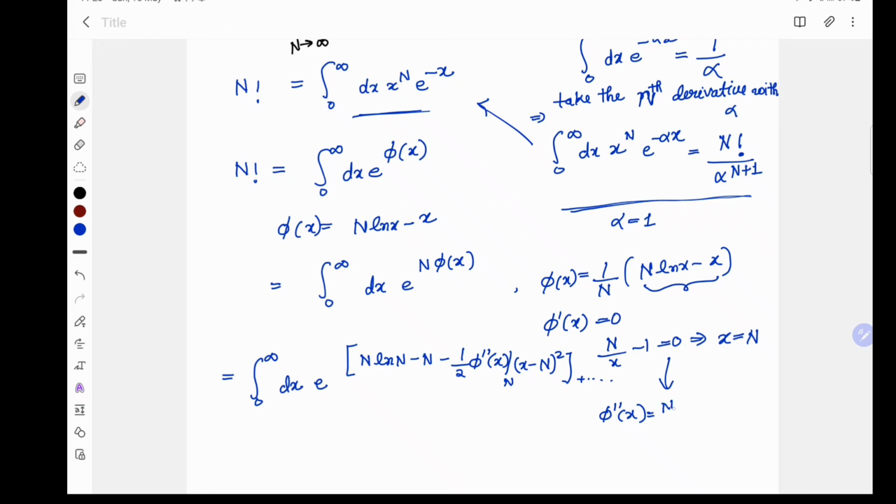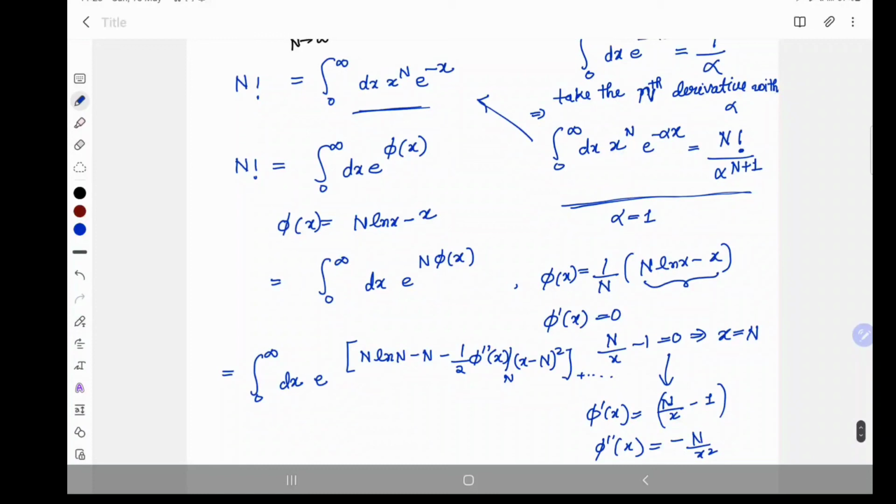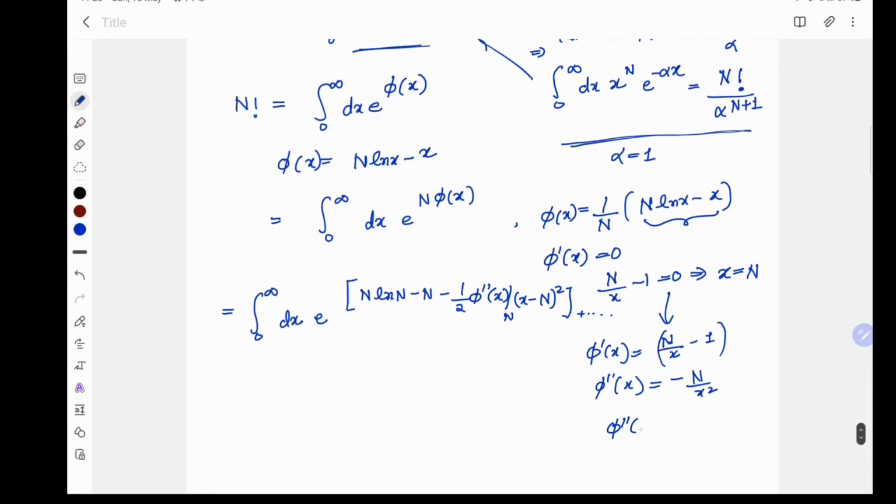So n over x minus 1, and d by dx of this gives phi double prime x equals minus n over x square, and at x equals n, phi double prime is minus 1 over n.